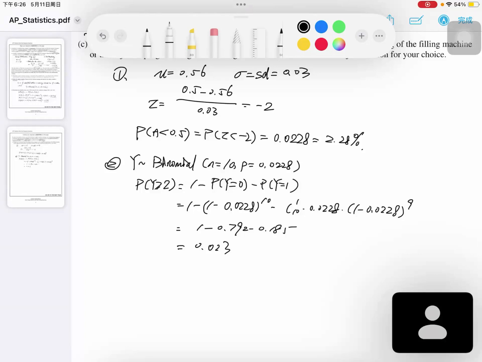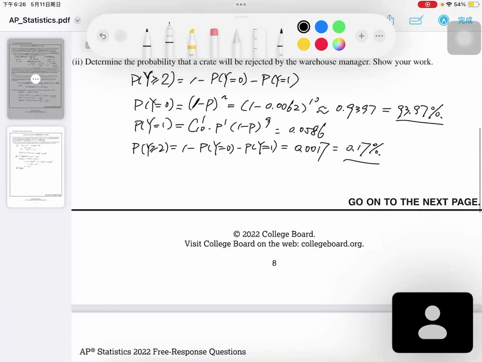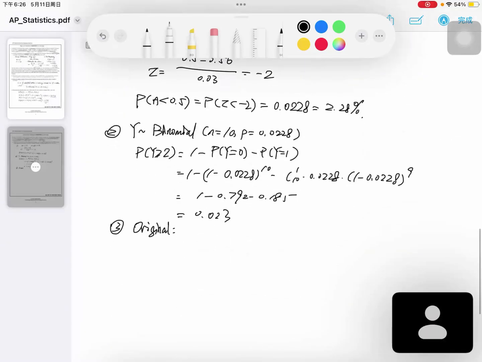So the third step is to compare the crate rejection probabilities. In the original one, we can look up from problem B, the probability is 0.17%.